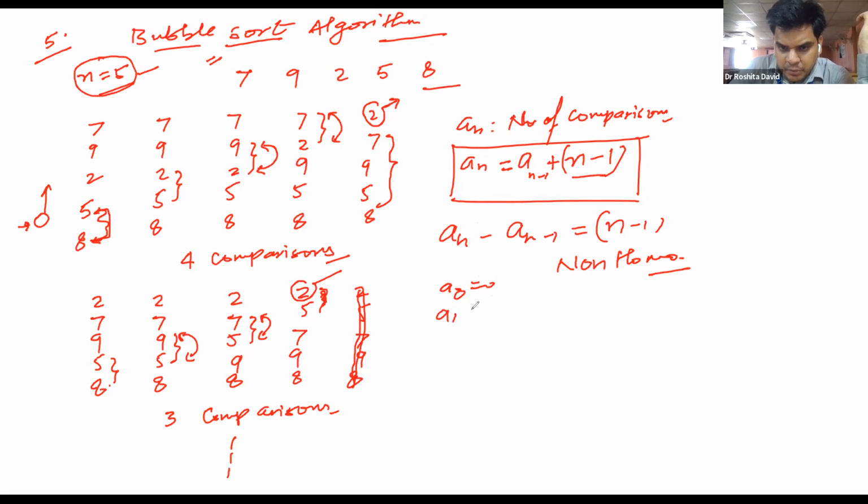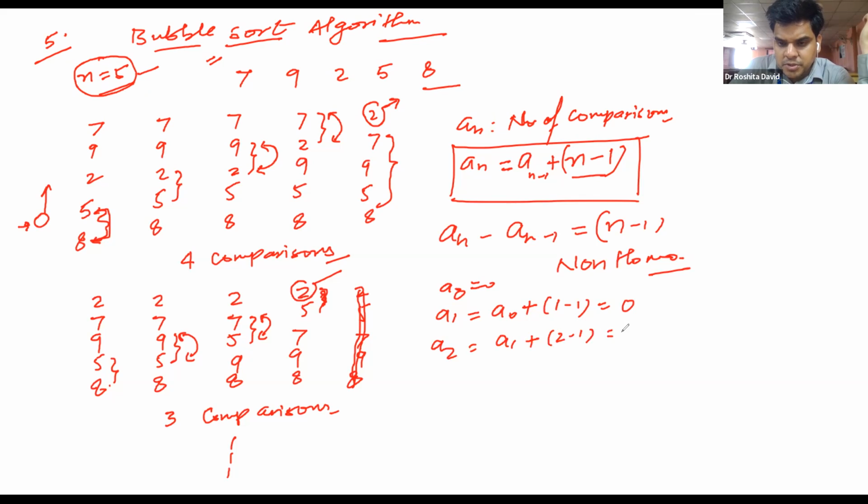Now, a_1 is going to be, put n is equal to 1 here. We get a_0 plus 1 minus 1, and a_0 is 0. It's going to be 0. What about a_2? a_2 is going to be a_1 plus 2 minus 1.